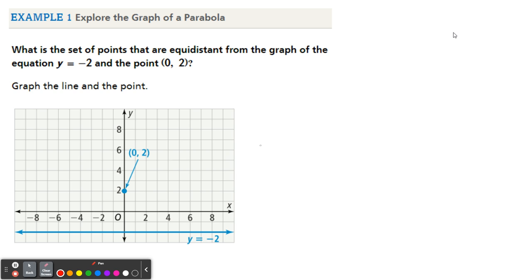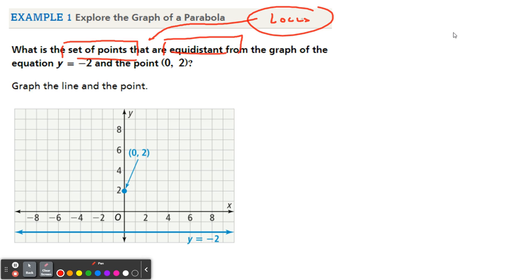When we talk about the set of points that are equidistant, the math word for that is a locus. So a circle is a locus of points because it contains all the points equidistant from the center. So we're going to do the same thing here using this line and this point.